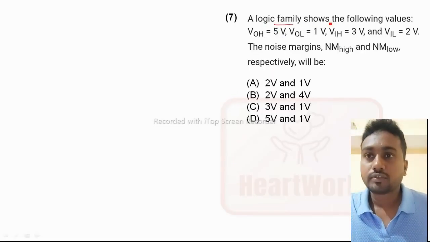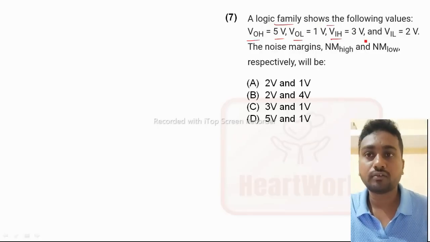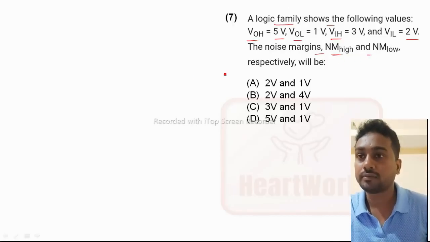A logic family shows the following values: VOH equal to 5 volt, VOL is 1 volt, VIH is 3 volt, and VIL is 2 volt. The noise margin high and noise margin low respectively.